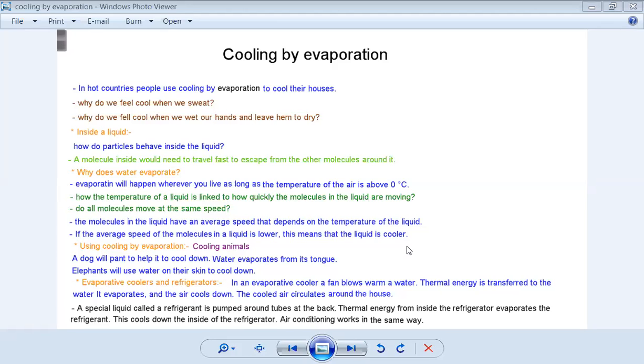Evaporative coolers and refrigerators. How do these evaporative coolers and refrigerators work? In an evaporative cooler, a fan blows over warm water, thermal energy is transferred to the water, it evaporates, and the air cools down. So the cold air circulates around the house.